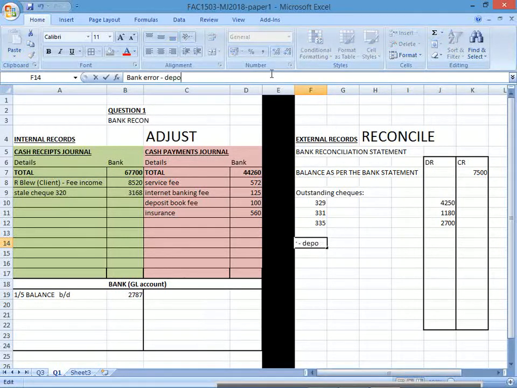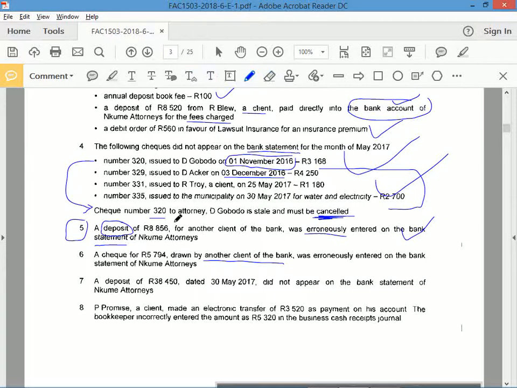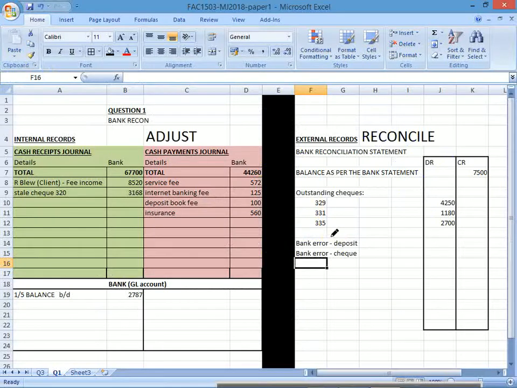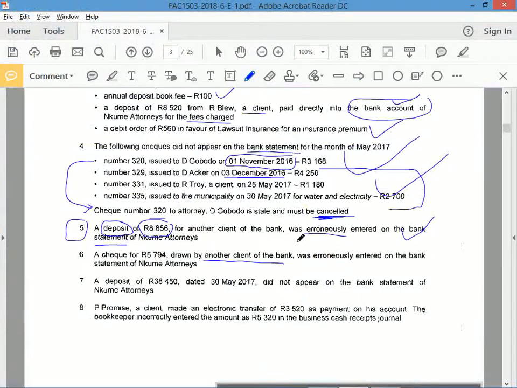Bank error deposit. Okay, you wouldn't really mind seeing an extra 8856 in your account. Someone else's money sitting in your account, but obviously the bank is going to reverse that out. So we just need to change that column. It's 8856 there. The other one you would mind.